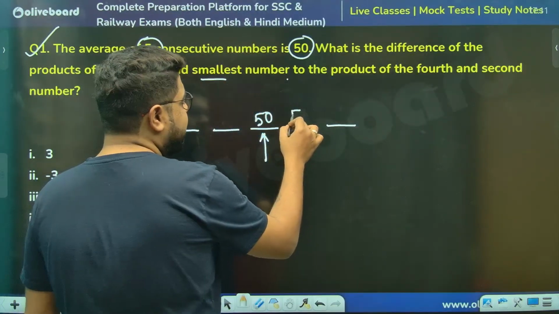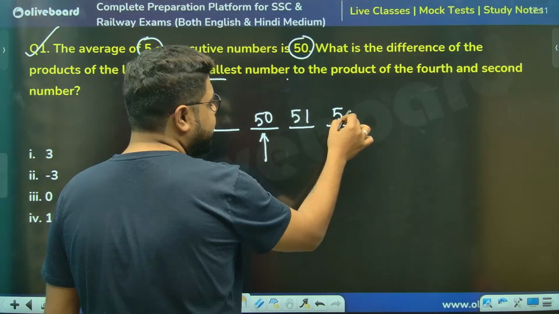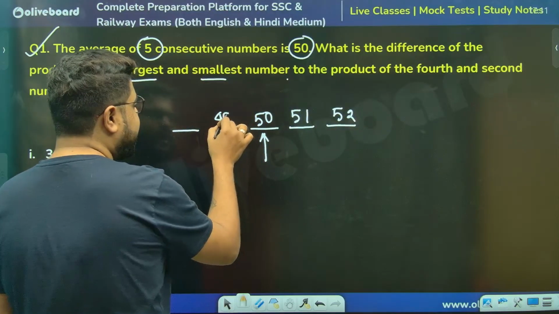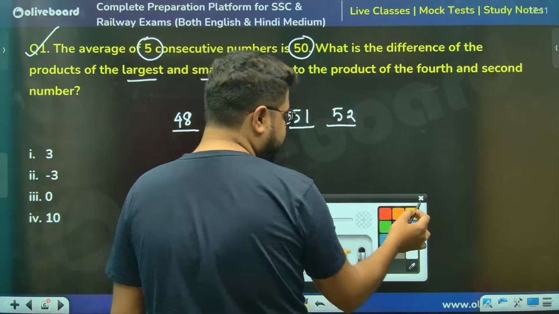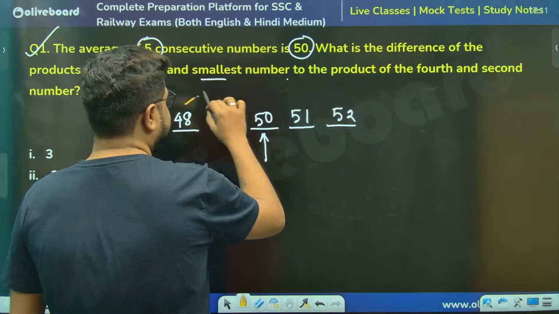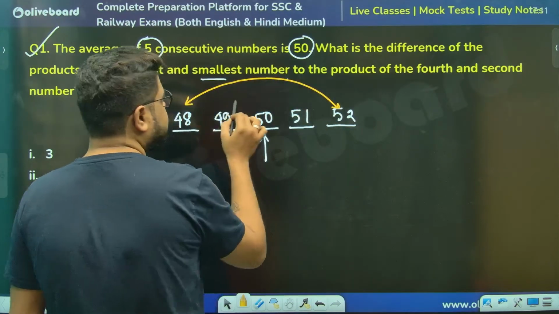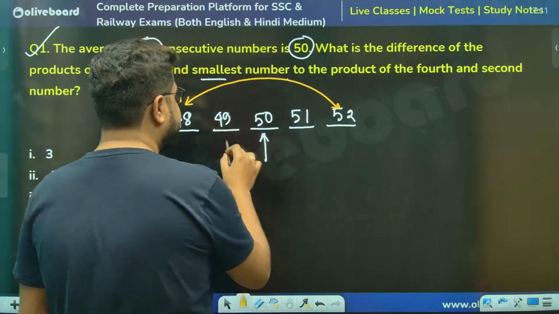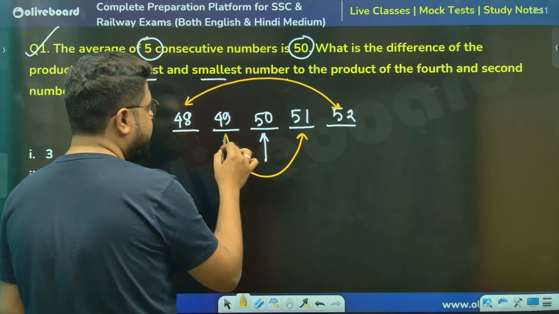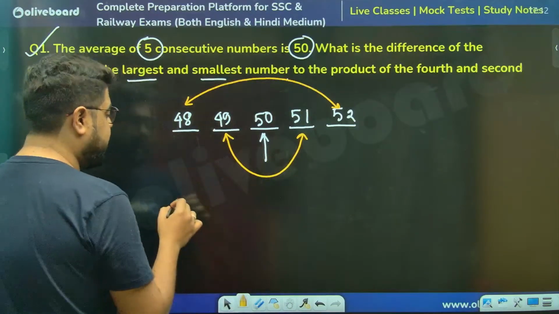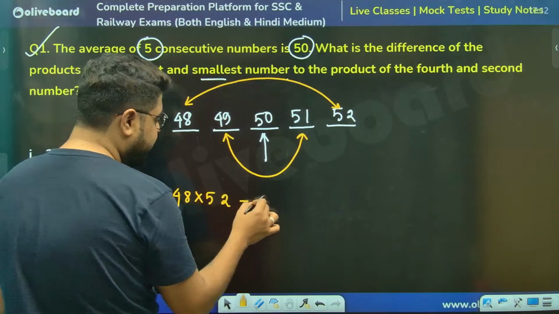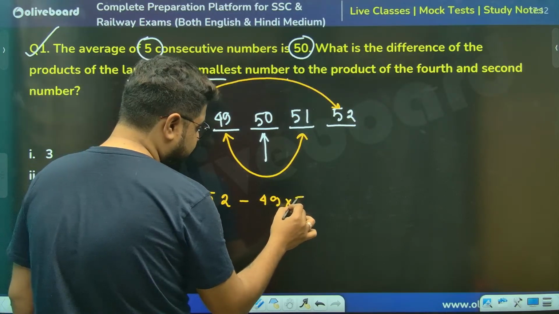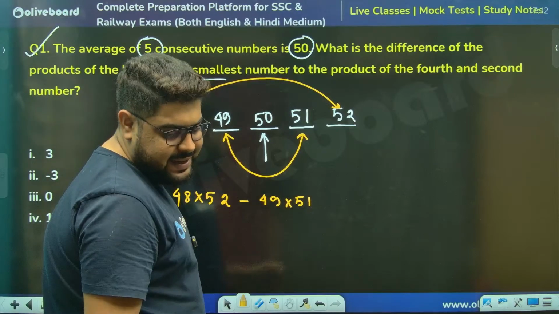Consecutive means 51, 52 here, and 49, 48 here. They are asking the difference between the products of the largest and smallest, these two, and the fourth and second, these two. So 48 into 52 minus 49 into 51. That is what they're asking.